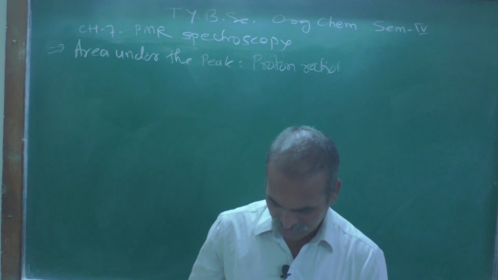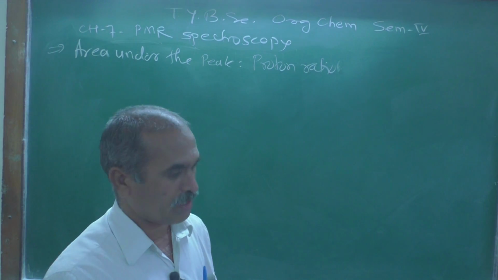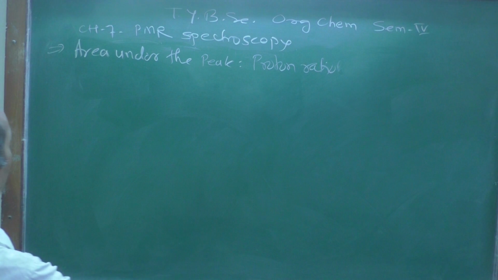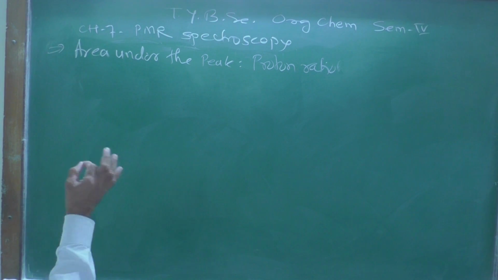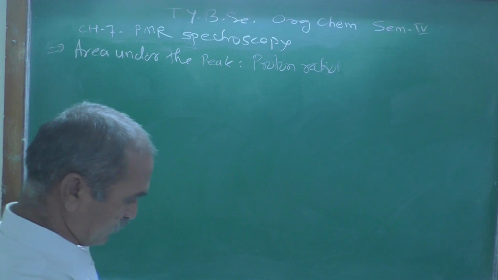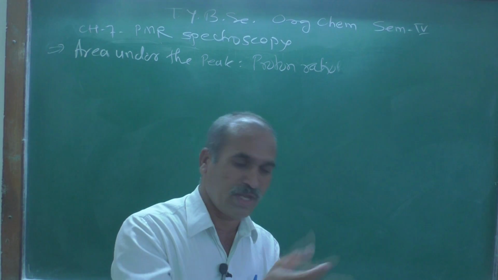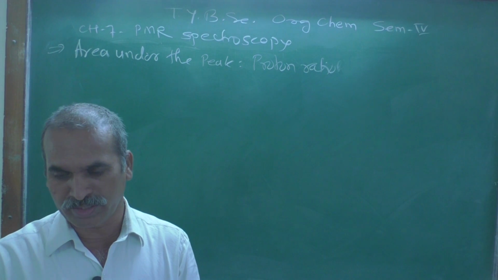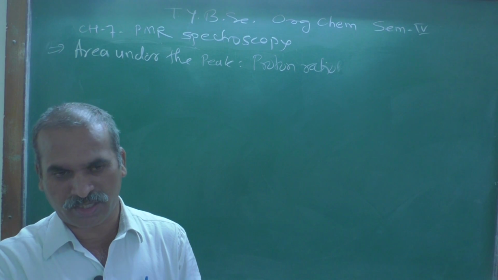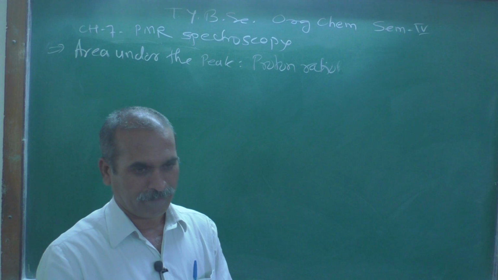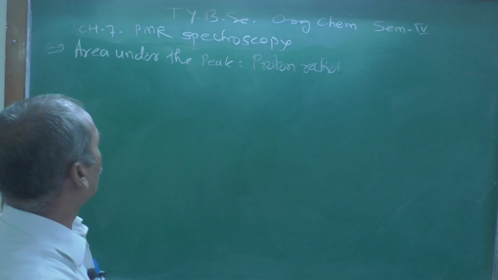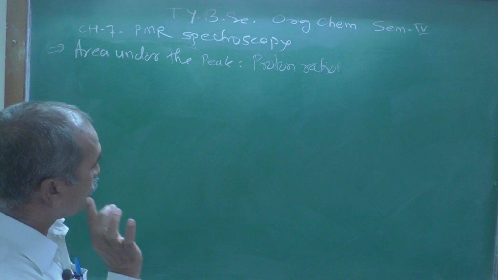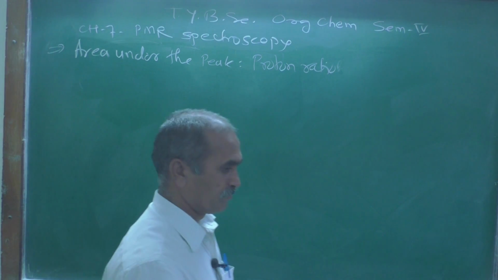Today, look at the blackboard, the heading is given: area under the peak, proton ratio, which is a very important point which we are discussing presently. What does area under the peak and proton ratio mean?